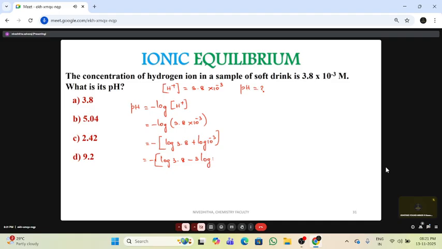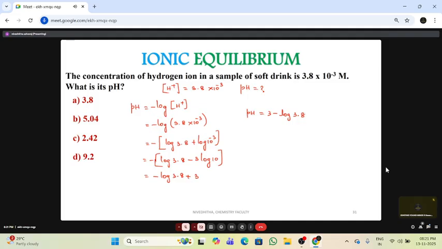Minus 3 log 10. What is the value of log 10? 1, ma'am. So I'm going to multiply this negative sign: minus log 3.8 minus into minus plus 3, and log 10 value is 1. That's it. So what is pH? 3 minus log 3.8.